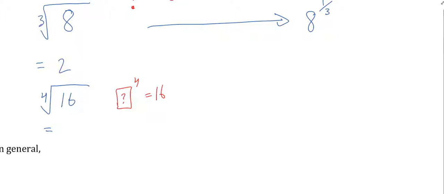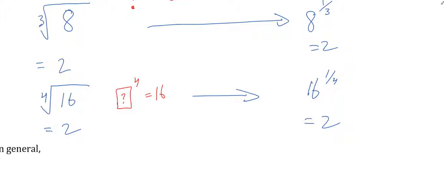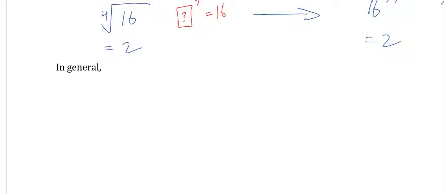And that would be 16 to the 1/4. So any questions about that? Straightforward. That's just definitional. It's new, but I hope that it's straightforward. It's just learning a new notation, a new way of writing things.